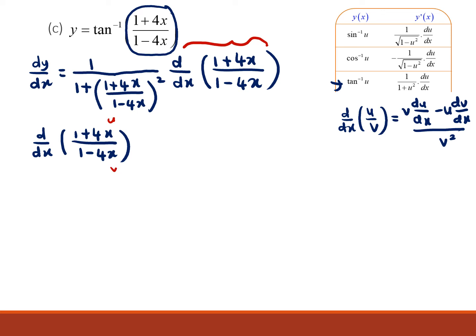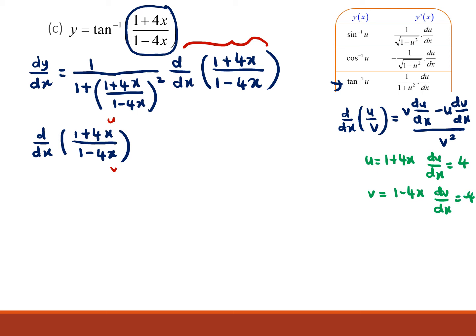So our u is equal to 1 plus 4x. So our du over dx would be equal to 4, and our v is equal to 1 minus 4x. So dv over dx would be negative 4.